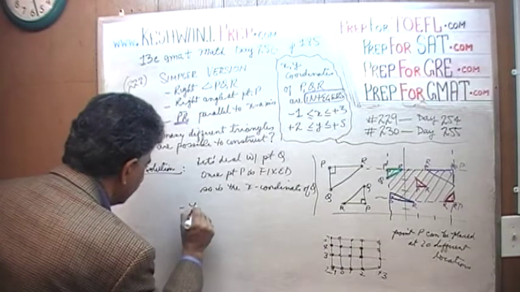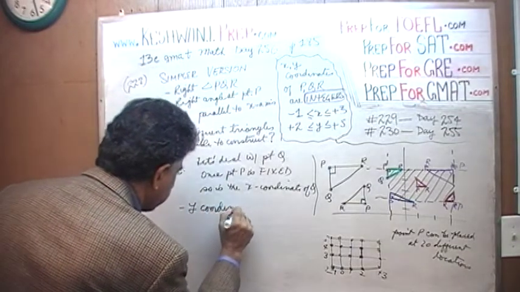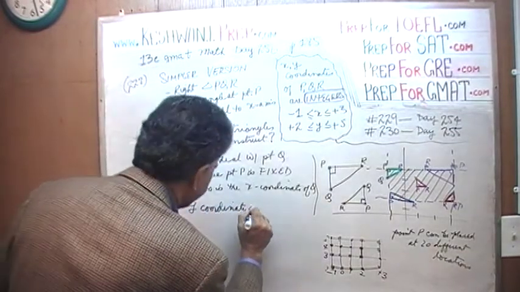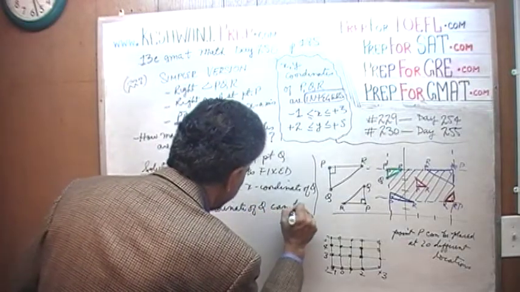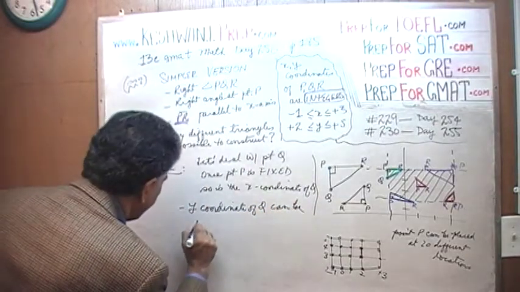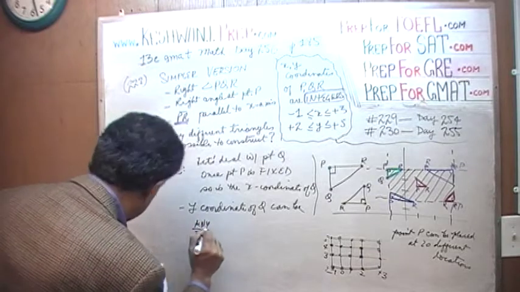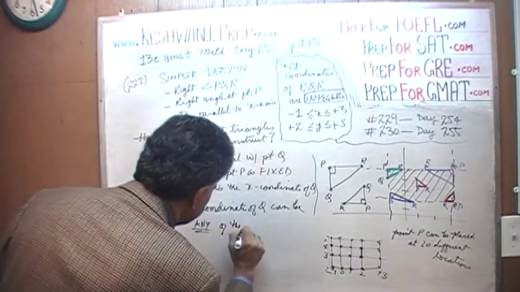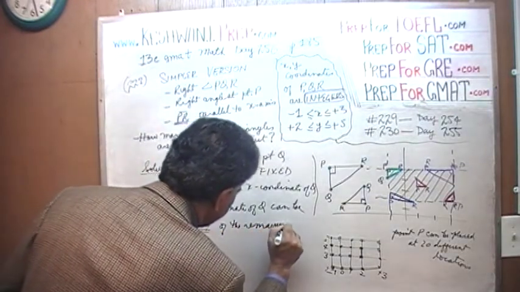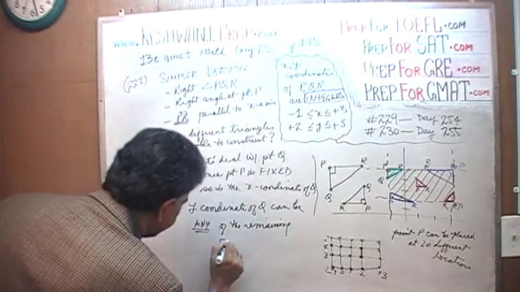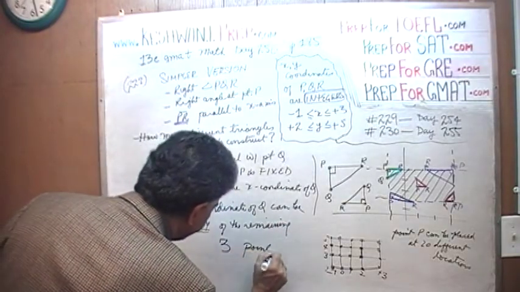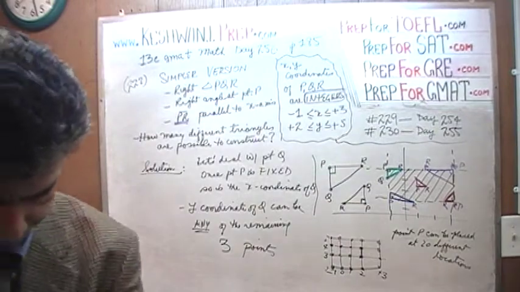The y coordinate of Q can be any of the remaining 3 points. Let's understand this part.